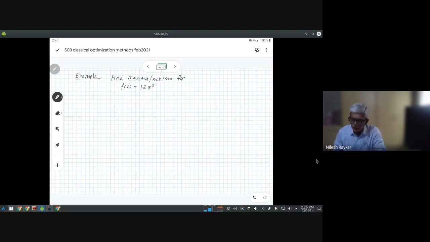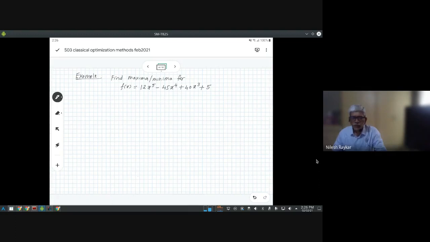Your problem happens to be a case where your function is minus 12 x to power 5 minus 45 x to power 4 plus 40 x cube plus 5. So this is the function that we are talking about.